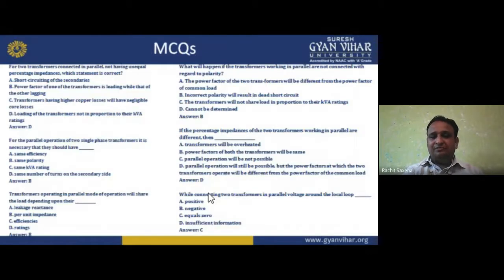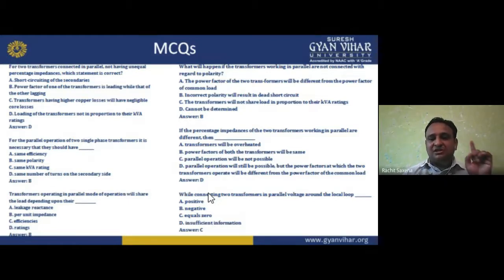I hope you understand. Now, these are some MCQs related to our topic, the parallel operation of single phase transformers. For two transformers connected in parallel having unequal percentage impedance, which statement is correct? The option is D: loading of the transformers is not in proportion to their kVA.